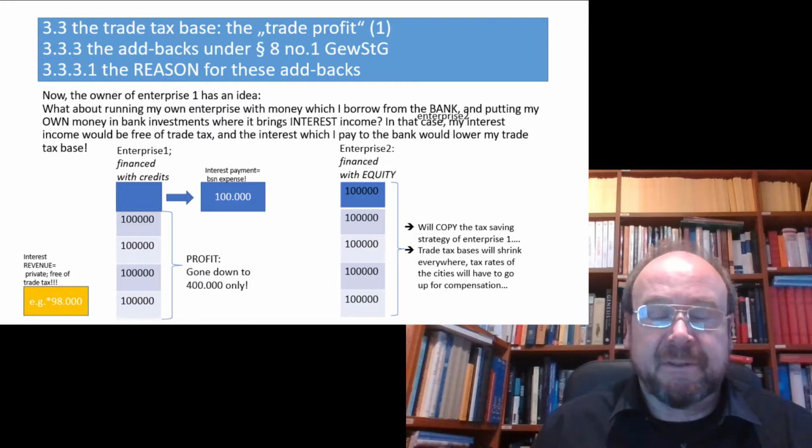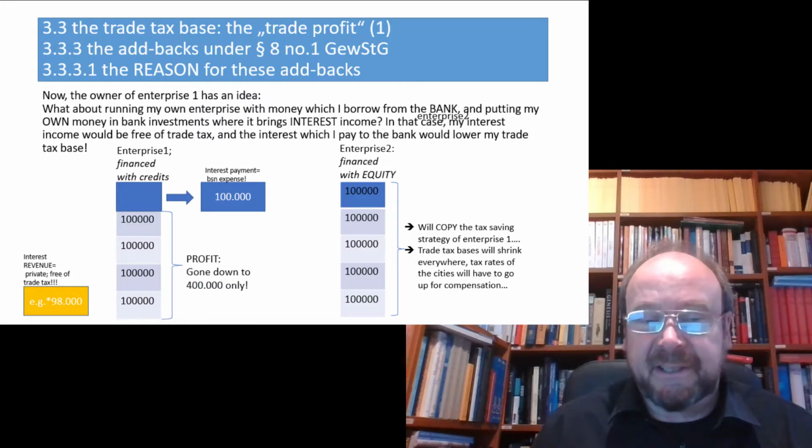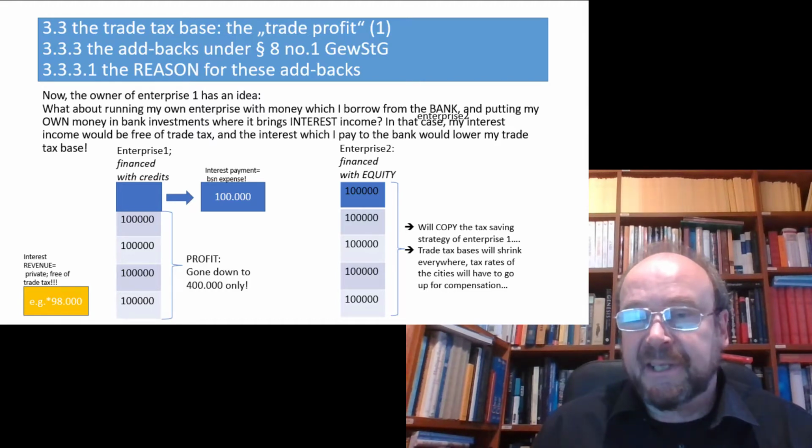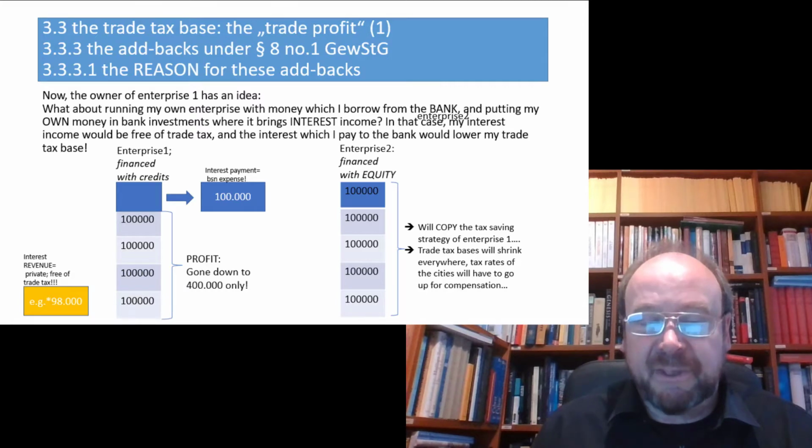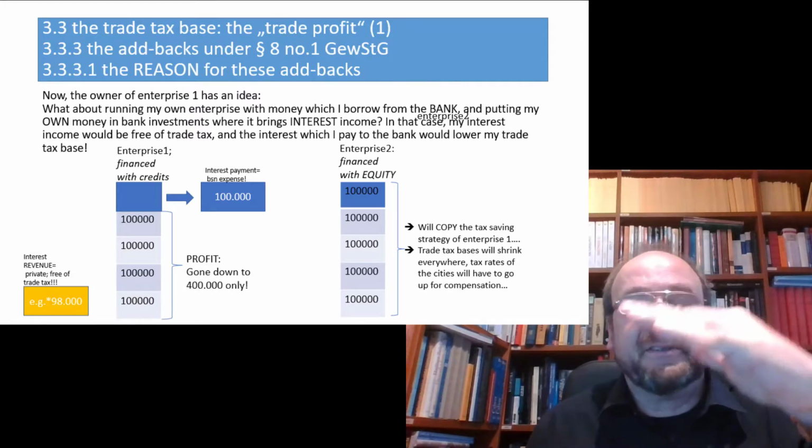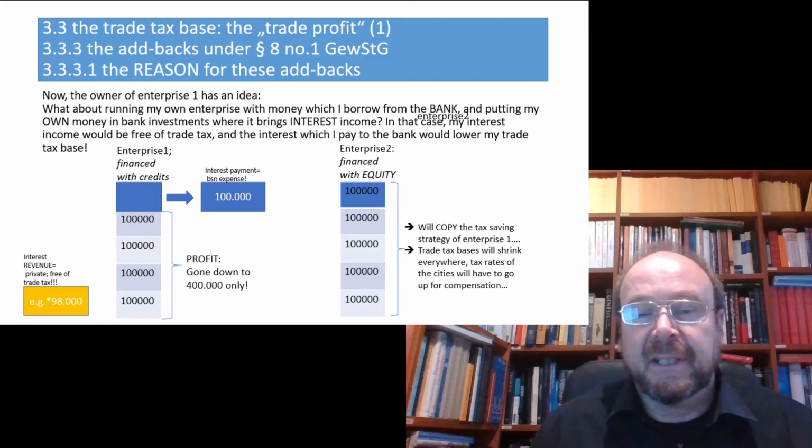So it's expectable that everybody does it, or at least that enterprise owner 1 does it. Profit goes down to 400,000. He or she saves the trade tax on the additional 100,000 because the trade profit has been lowered.